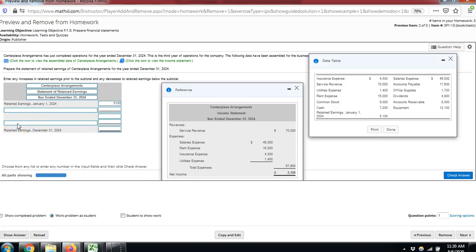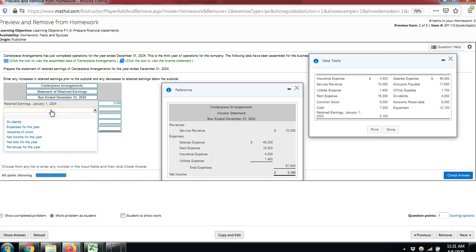Then we subtract the dividends, which are payments out of the business to the shareholders, the owners of the business. We have to subtract that out because that money is being removed from what the owners own and distributed to them. It's no longer a part of the business because it's been paid out to the individuals who own the business. Then we get our ending balance for the end of the year.